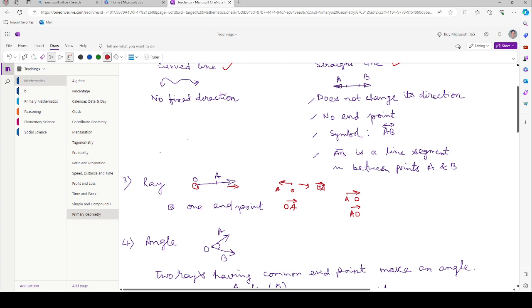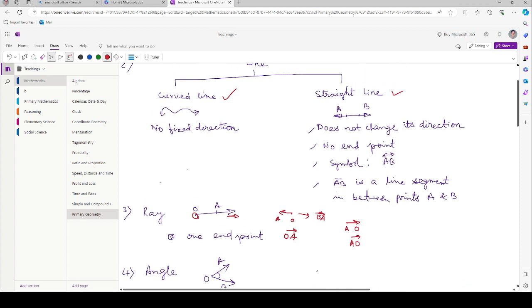Now, types of lines. First of all, parallel line. Lines in the same plane that never intersect. This is known as parallel line.